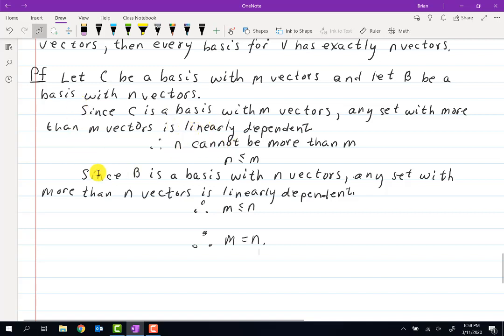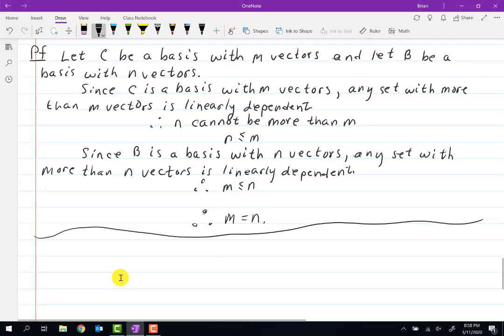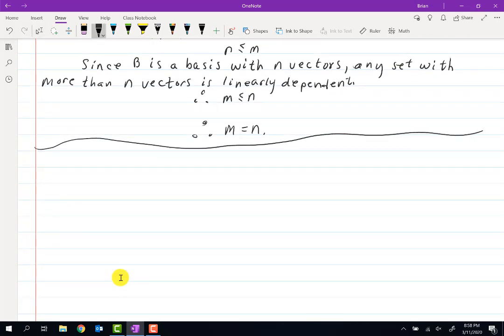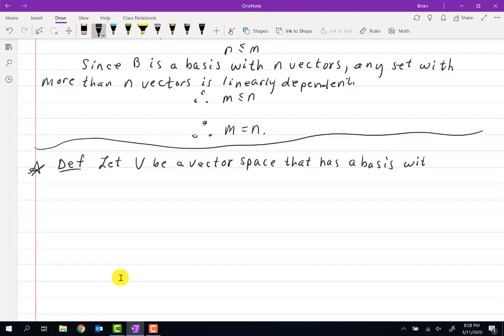So what you have now is, no matter what, if you have two bases, they have to have the same number of vectors in them. So this allows us to define the dimension of a vector space. I'll put stars because this is big. Call it a definition. Let V be a vector space that has a basis with n vectors.